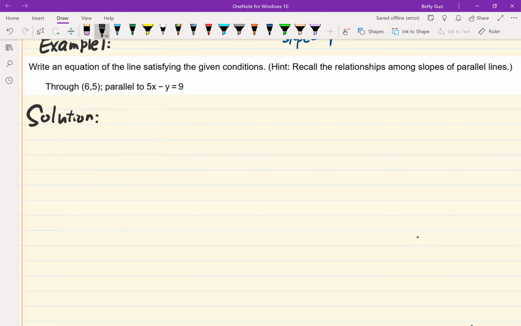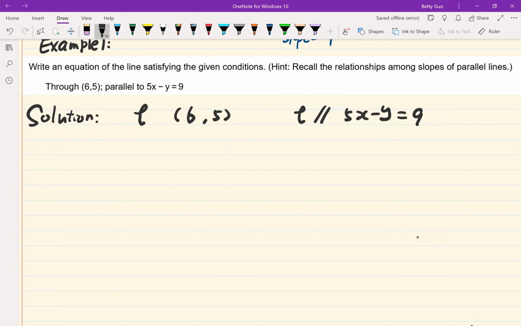We are looking for a straight line L. We know the line L passes through a given point, (6, 5). And we also know straight line L is parallel to 5x minus y equals 9. So that's what we have in the problem. Those are the information we have from the requirement.